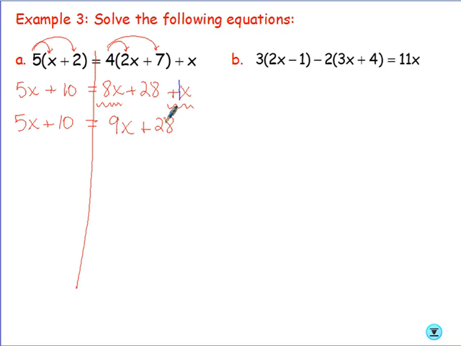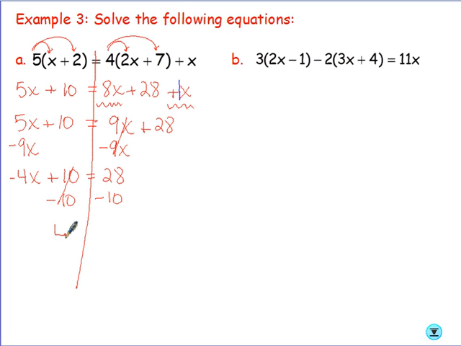And now it looks like example 2, both parts. We need all the x's on one side, so I'm going to subtract 9x because that's the opposite. 5 take away 9 is negative 4x plus 10 equals 28. I'm going to move the 10 by subtracting 10 from both sides.